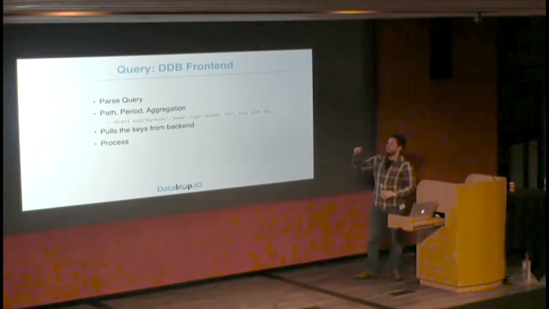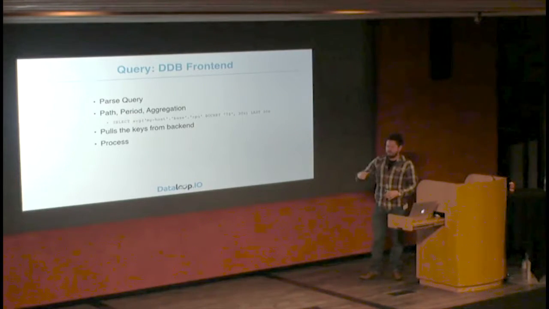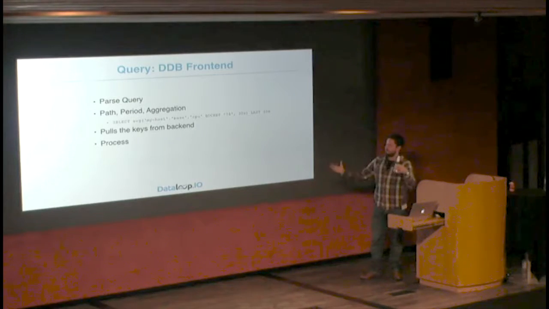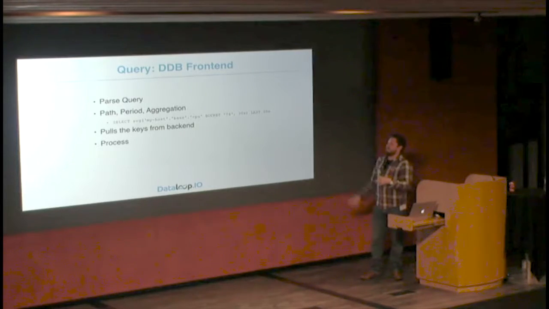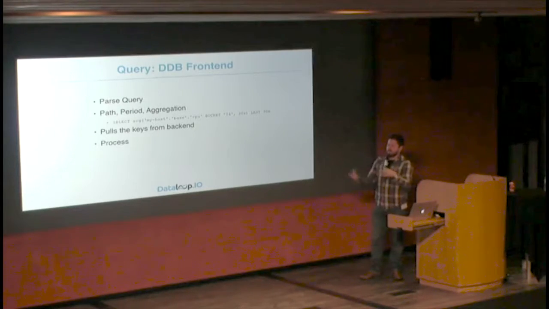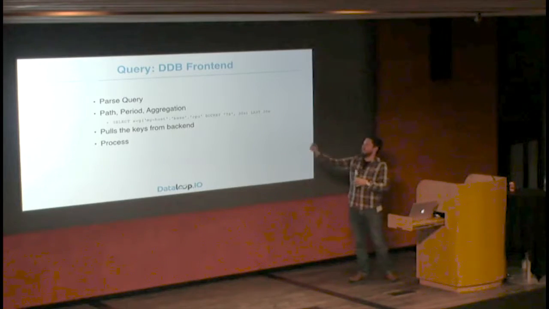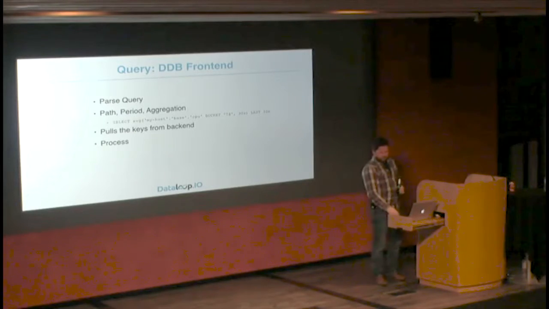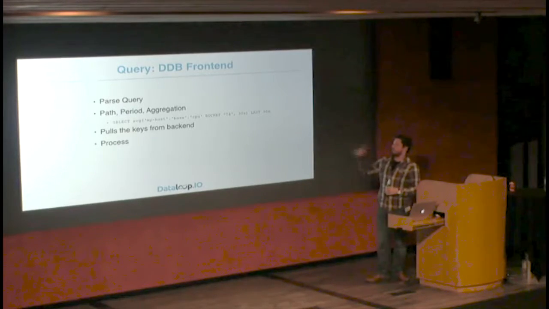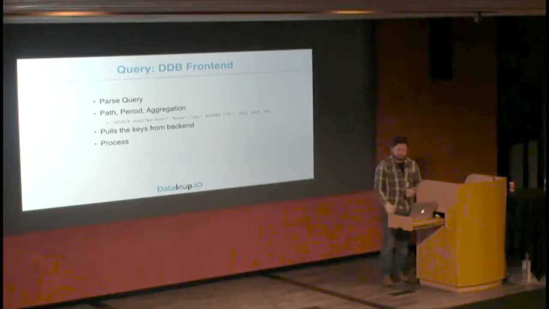All it does is get that query in, parse it, build up the tree, and then know which keys to pull out of the back end. It will then pull all those keys out, process any stuff that's not needed, do any aggregation functions that are there, and then return the results back to the user. So there's quite a lot in there, but it does a fairly simple job.